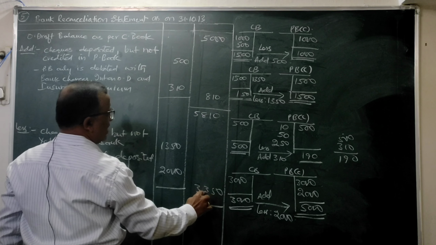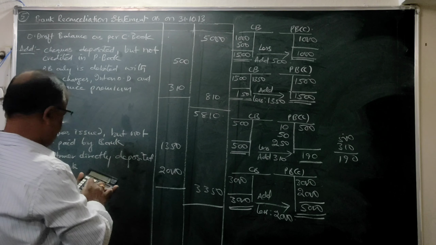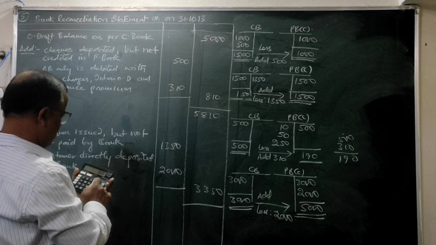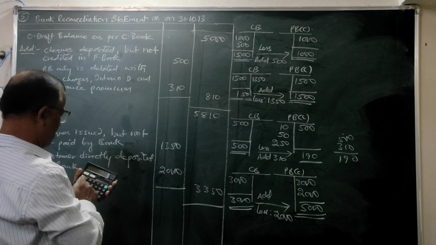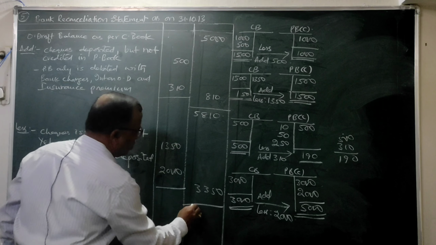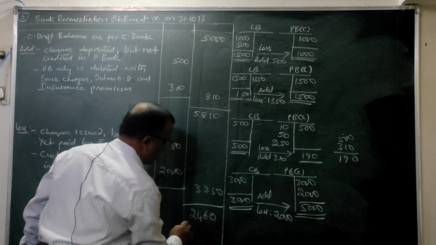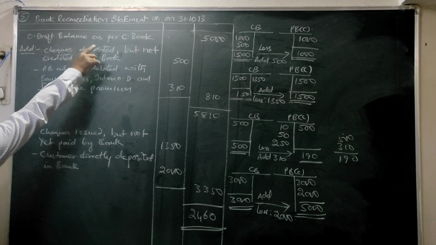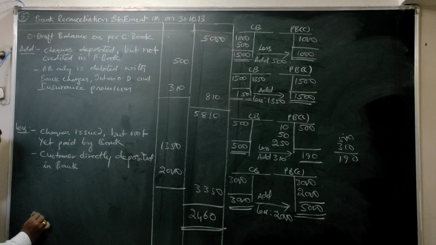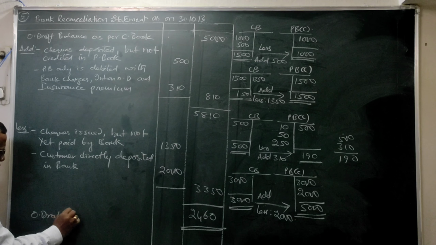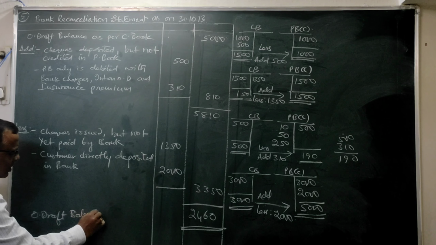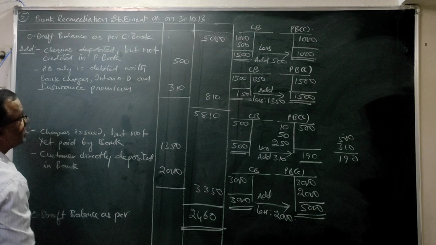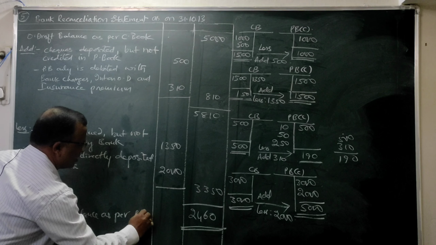From this you subtract this one: 5810 minus 3350 is 2460. Which balance is it? This is the overdraft balance as per the cash book, he says. So this is the overdraft balance as per passbook.